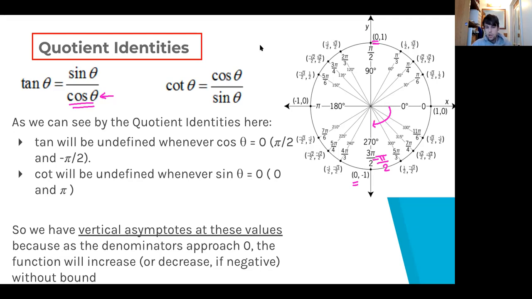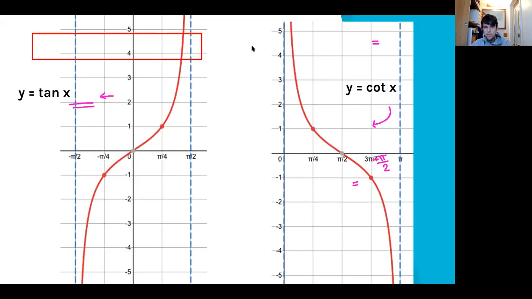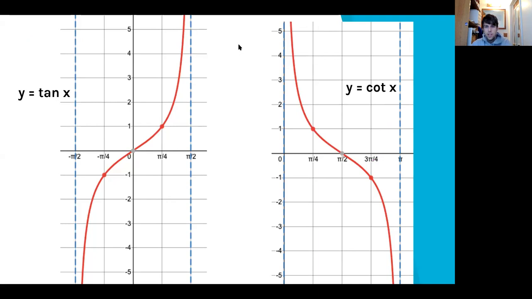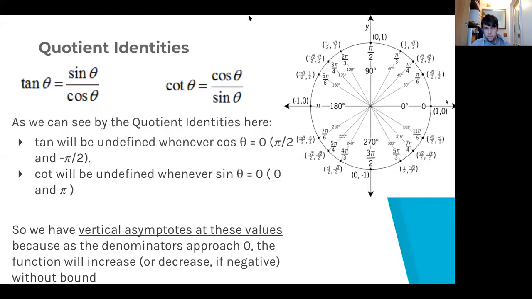If we actually go back to that previous slide, negative pi over 2 and pi over 2 are actually the locations of the asymptotes. So where it's undefined, there are asymptotes. We'll talk about why here in a second, but that's kind of an interesting concept that's going on. And then if we examine cotangent as well, cotangent is going to be undefined anywhere sine is 0.